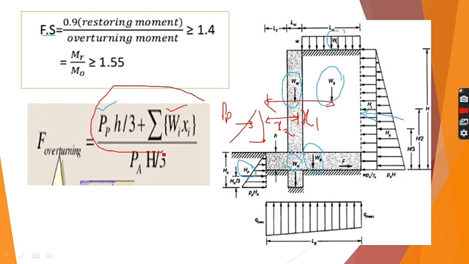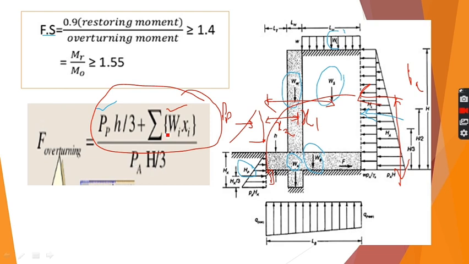So these all contribute to the restoring moments, divided by the overturning moment. Overturning moment is only one, that is PA into h by 3. So this is PA. The moment of this force about this point will be PA into the vertical perpendicular distance, which is h by 3.